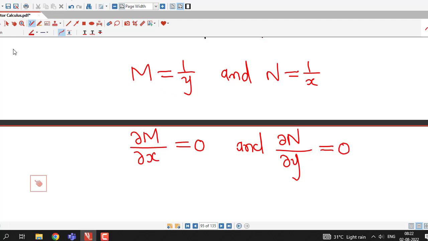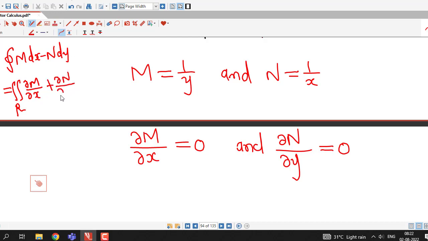We recall that Green's theorem says that the flux, the line integral of M dy minus N dx, is equal to the double integral over R of del M by del x plus del N by del y. There is no x in M, so this is 0, and the partial derivative of N with respect to y is also 0.